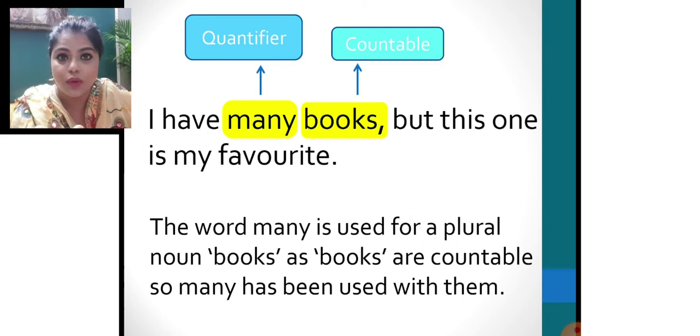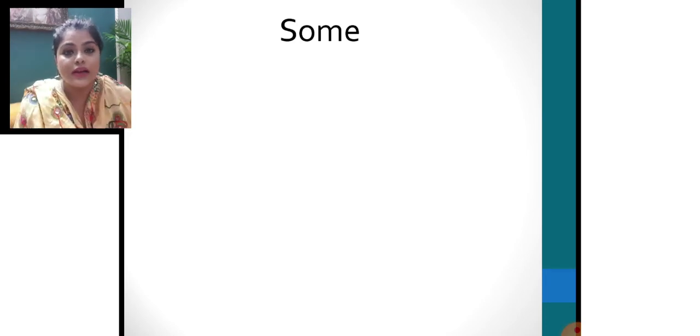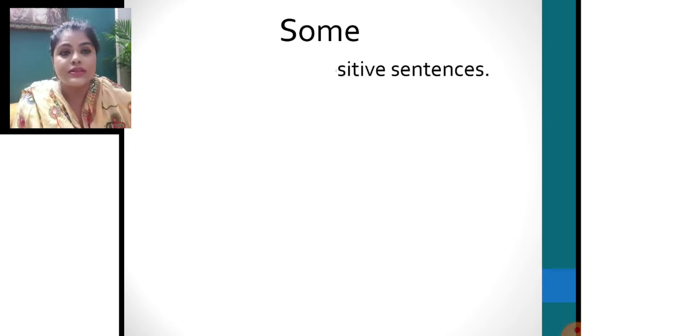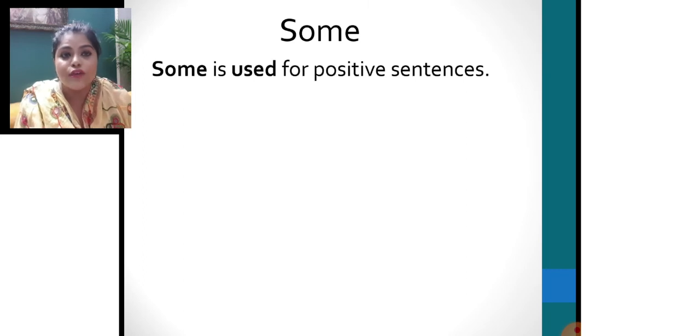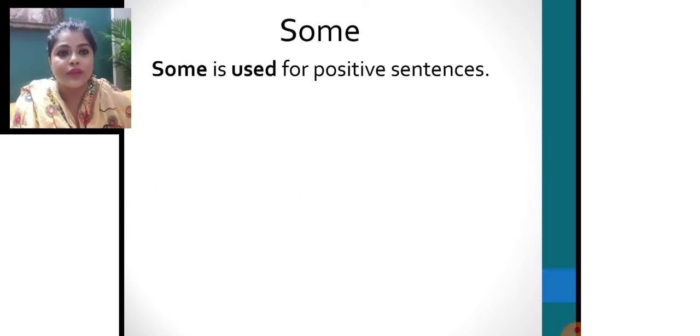Let's see some quantifier words like we have done: some, many, any, more. These are the words which describe quantity. Let's see the word some. Now, some is used for positive sentences.